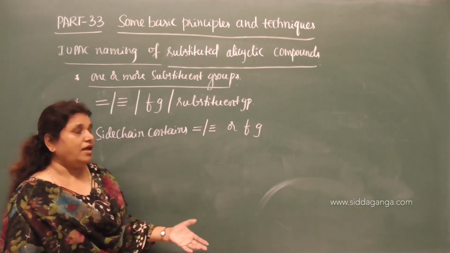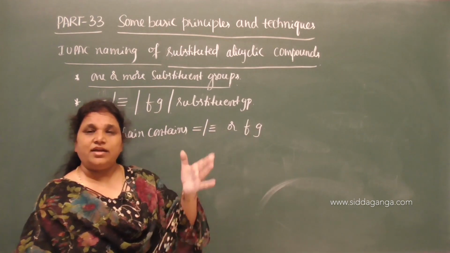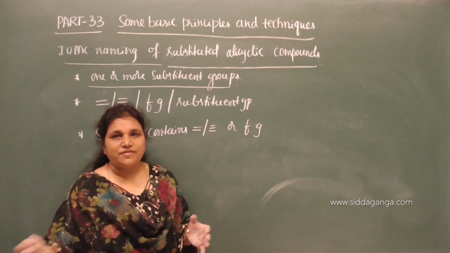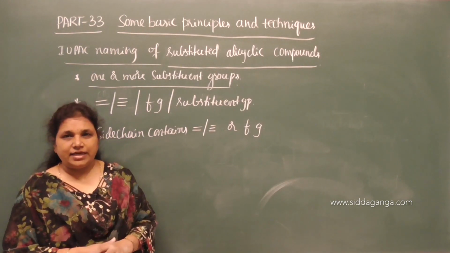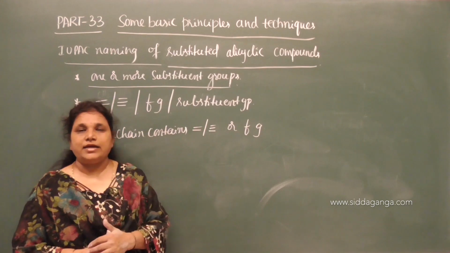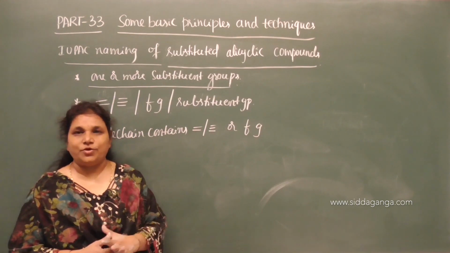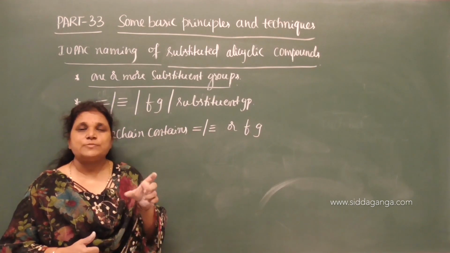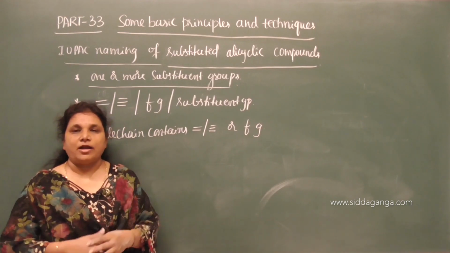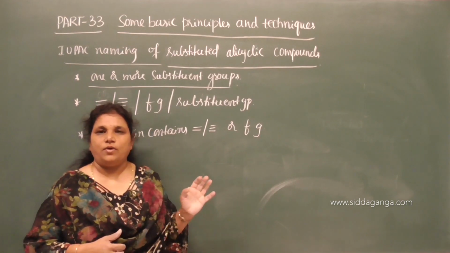Which means to say, in that case, if the side chain contains a multiple bond or a functional group, then the alicyclic ring is treated as a substituent group, again irrespective of the number of carbon atoms in the cycloalkane ring.